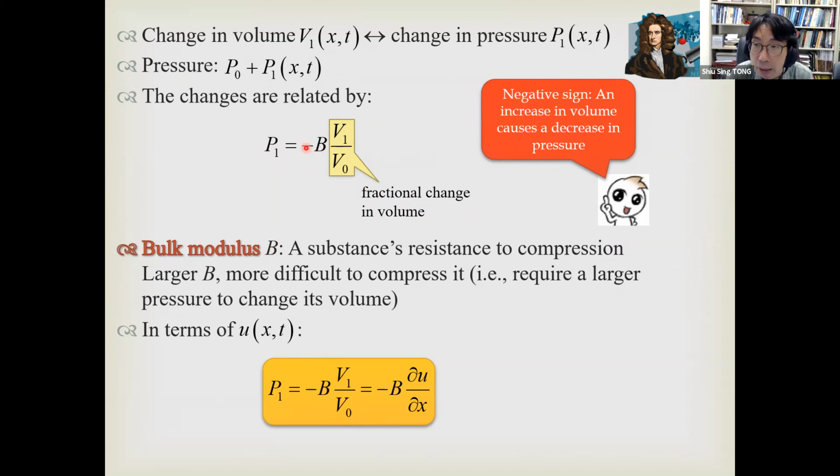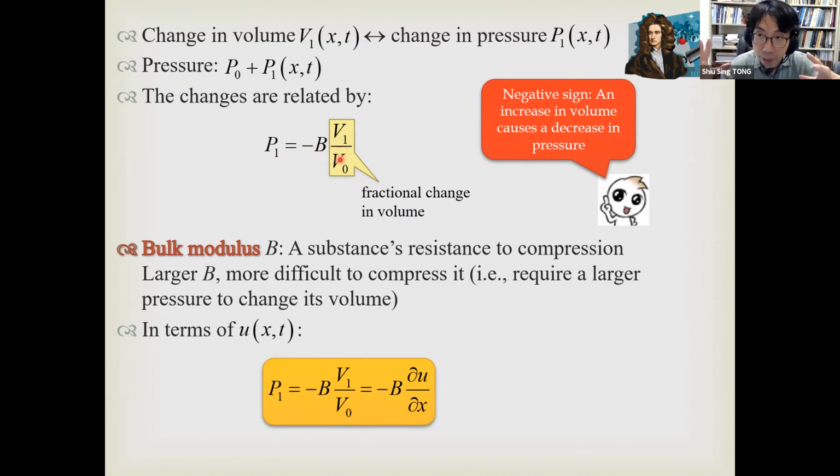The negative sign denotes that the change in volume and the pressure are of opposite sign. If, for example, the volume has increased, that means a rarefaction, and the pressure will decrease. So P1 becomes negative when V1 is positive. When the volume expands, positive V1, that results in a decrease in pressure, so P1 is negative.